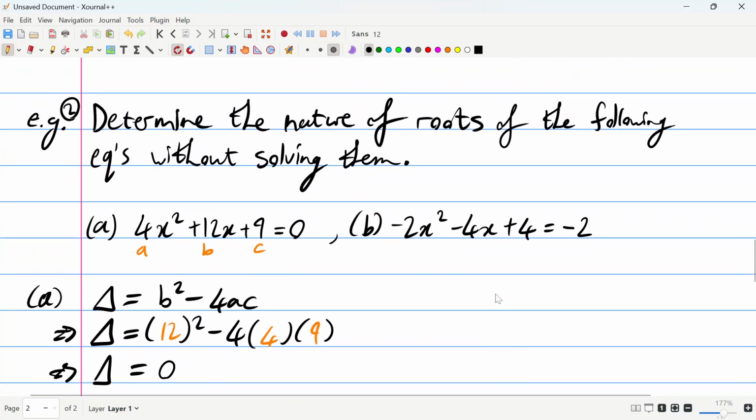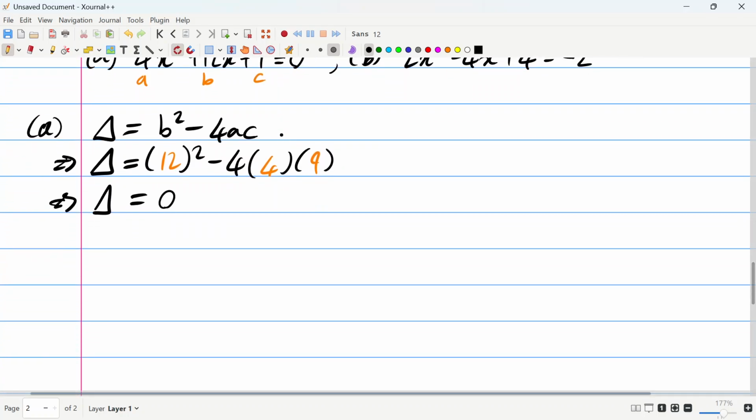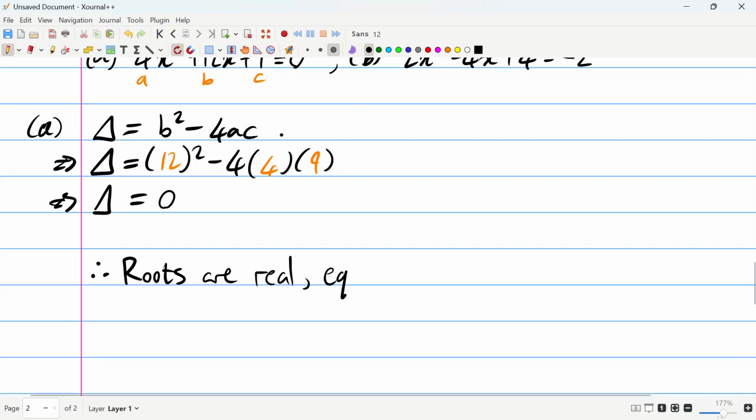Okay, so when we're answering the question, we're determining the nature of roots. So therefore, we'll say that the roots are real, okay, they're equal and rational.